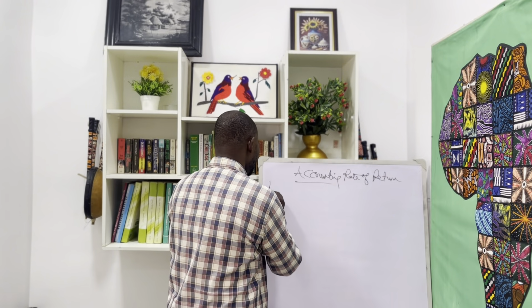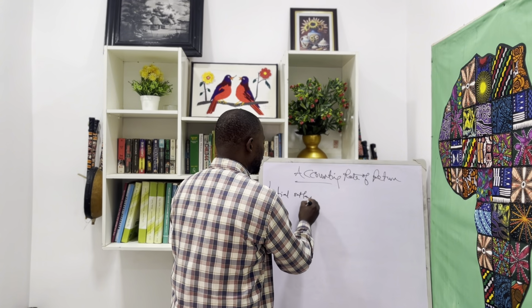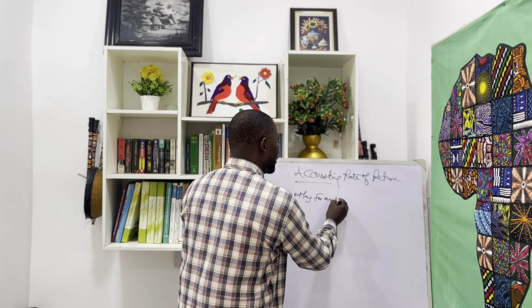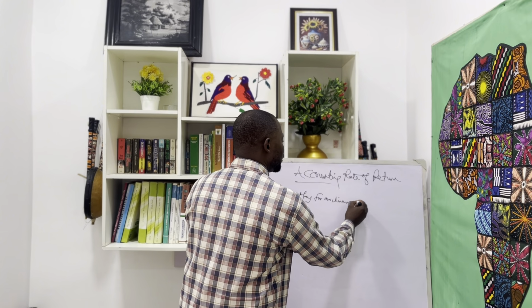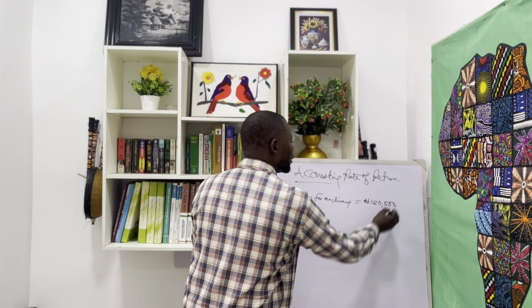This question says, a company is considering a project which requires an investment of 120,000 naira in machinery. So we'll call that our initial outlay. Initial outlay for machinery is equal to 120,000.